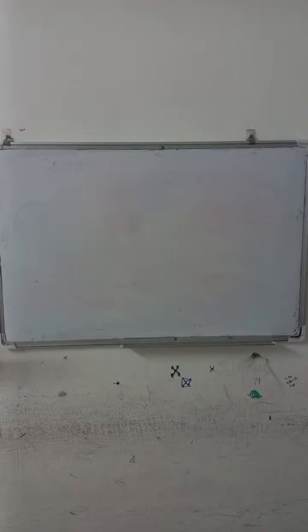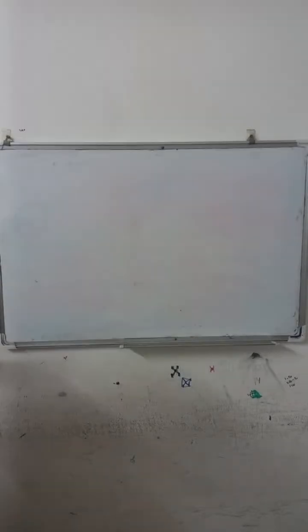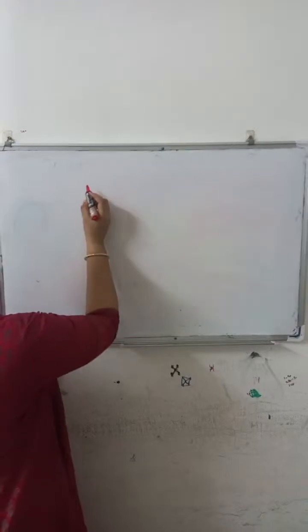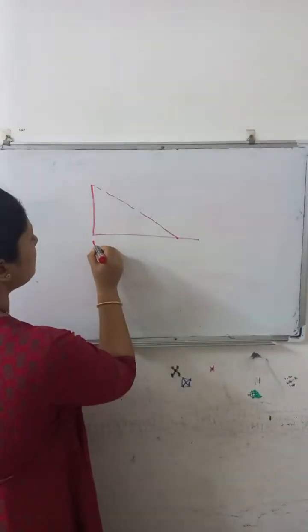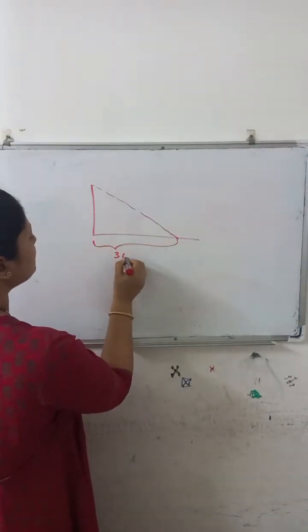Okay, so here they are saying there is one tower, whose shadow is casting 30 meters. Suppose we have a tower, this is the ground, and it casts a shadow somewhere here, and from the tower to this distance is 30.